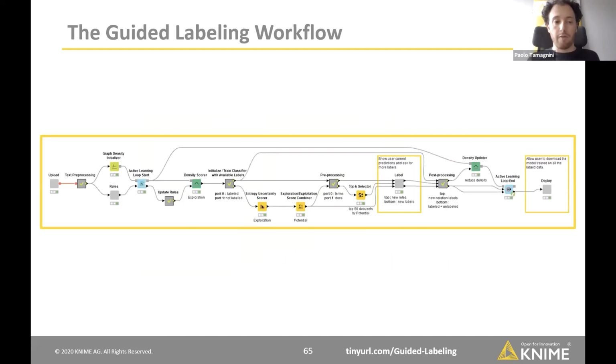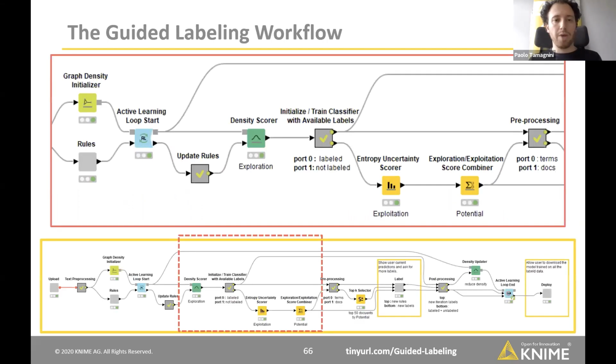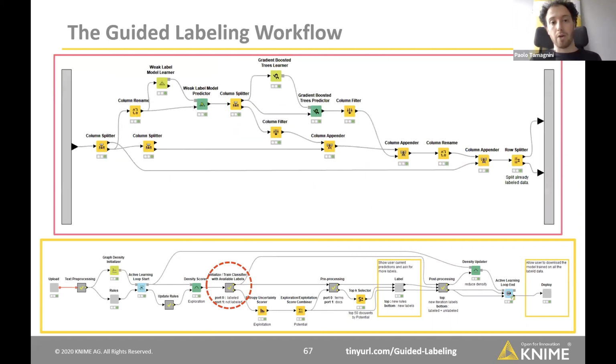So this is the workflow I used for this application. I created this totally on my own, and actually maybe some help here and there from other Knimers, but let's now go through this workflow. For example, we train in this particular part the model. So if we open this meta node, we can find more nodes.